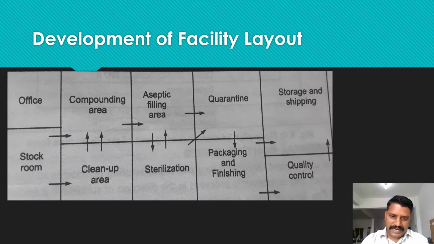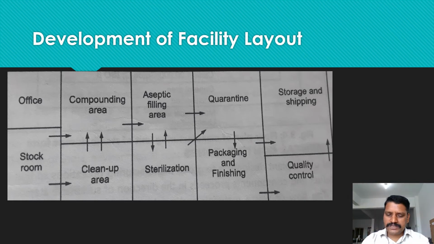As you know, these are parenteral dosage forms, completely sterile dosage forms, meaning completely free from microorganisms. So there is a need to avoid contamination, prevent cross contamination, and follow good aseptic practices while manufacturing this type of dosage form.